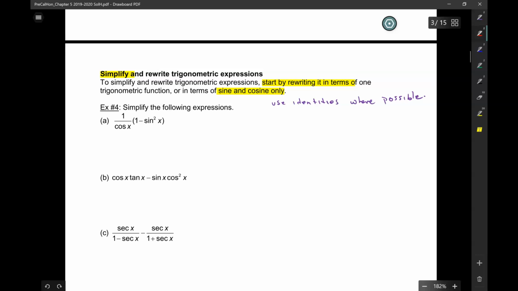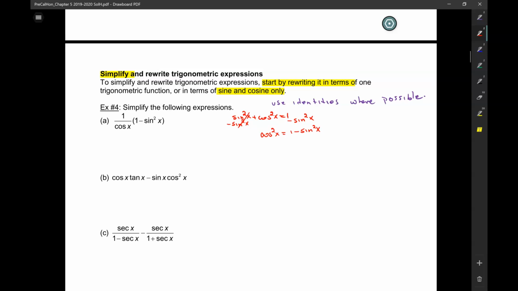So let's write down this Pythagorean identity, sine squared x plus cosine squared x equals 1. These are not rigid objects, they're fluid. You can move them around. Why don't we, just for fun, subtract sine squared x from both sides? Now what do I have? Cosine squared x is 1 minus sine squared x.